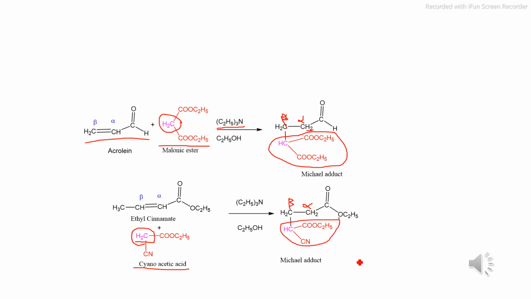And therefore we can easily understand that in Michael addition reaction, one hydrogen atom from the active methylene group is attached to the alpha carbon atom, whereas the remaining part of the active methylene compound is attached to the beta carbon atom.